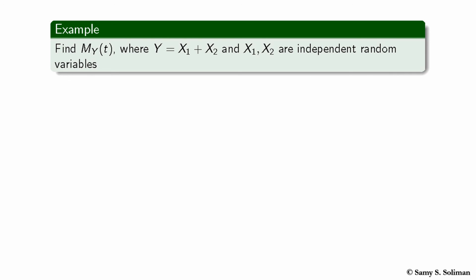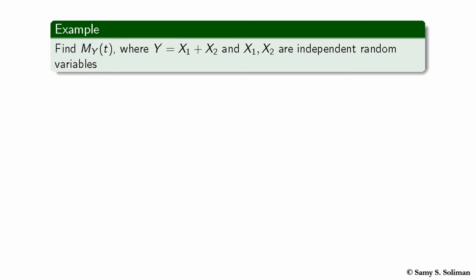Let's solve this example. In this example, we have a random variable y for which we want to find the moment generating function, in which y is equal to x1 plus x2, and x1 and x2 are both independent random variables. So again, this is a generic problem where we are not specifying probability distributions of x1 and x2.